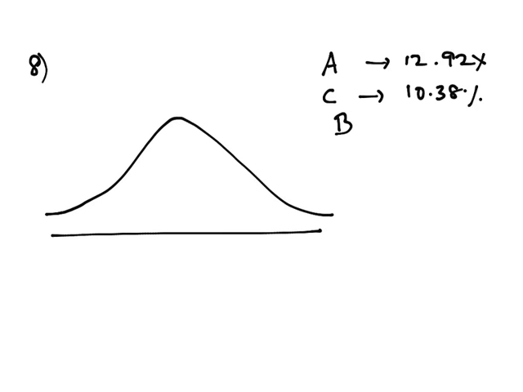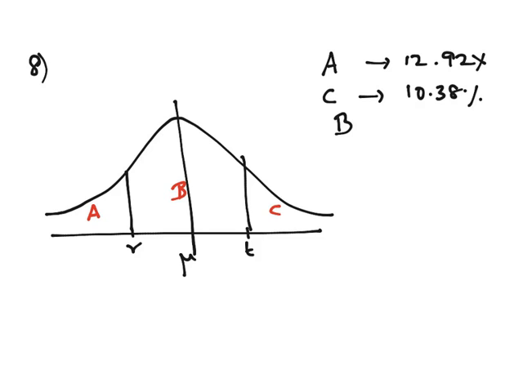This is the mean, mu, and now all other plants are in category B with heights between R and T. So let us say this is R and this is T. This is the shortest, this is the in between, this is the tallest.